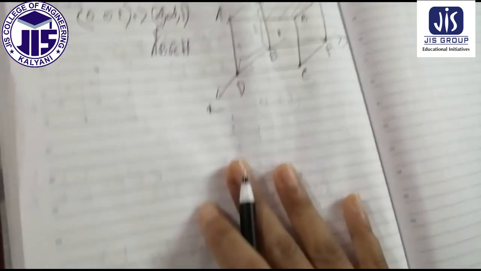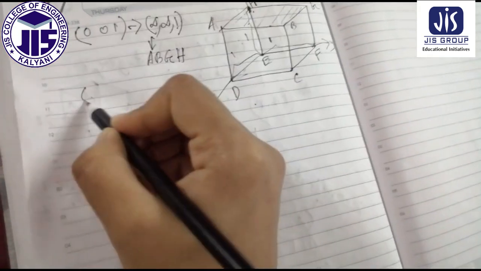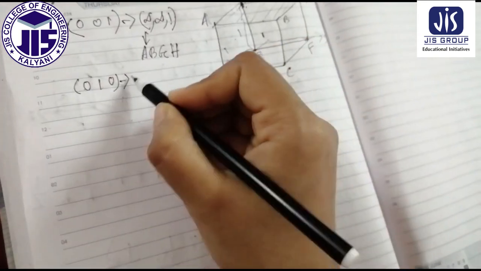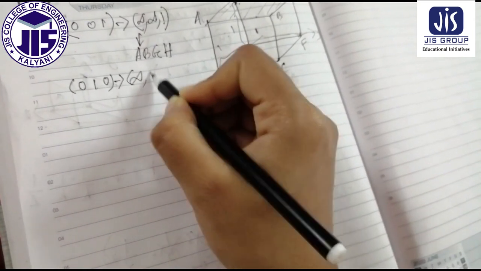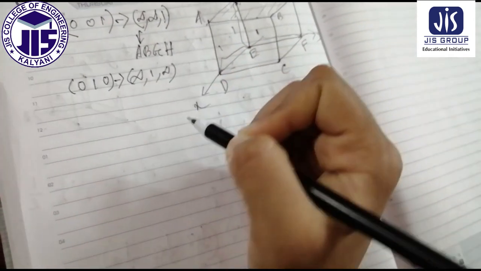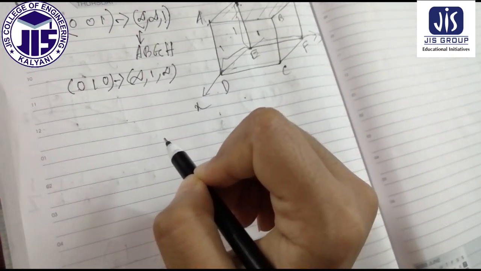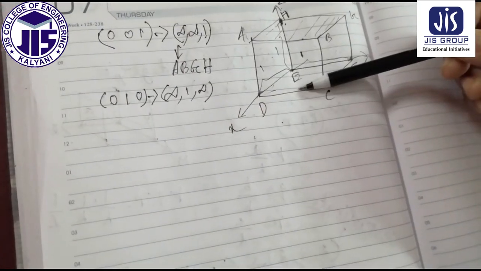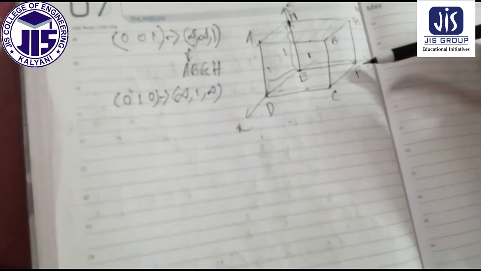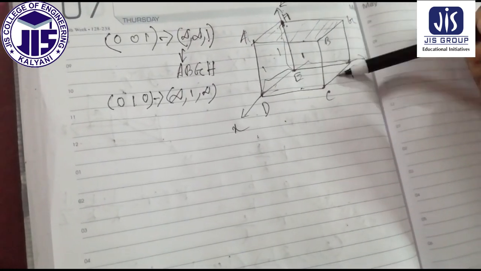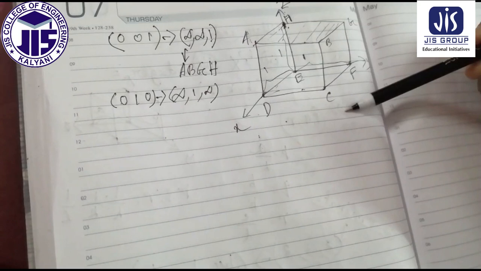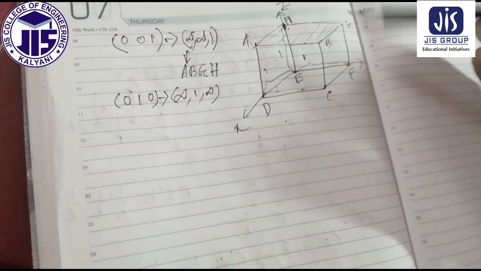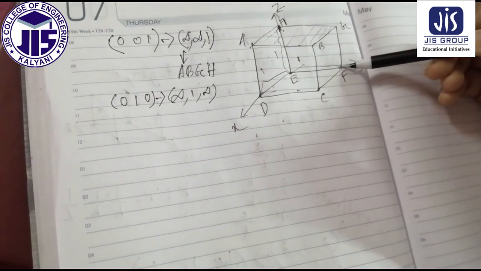Next, 0, 1, 0. Therefore, the coordinate will be infinite, 1, infinite. So if we go to the unit cell, what are we getting? If we go along the y-axis, this plane is parallel with the z-axis, and this plane is parallel with the x-axis also, but the intersection point here is 1.